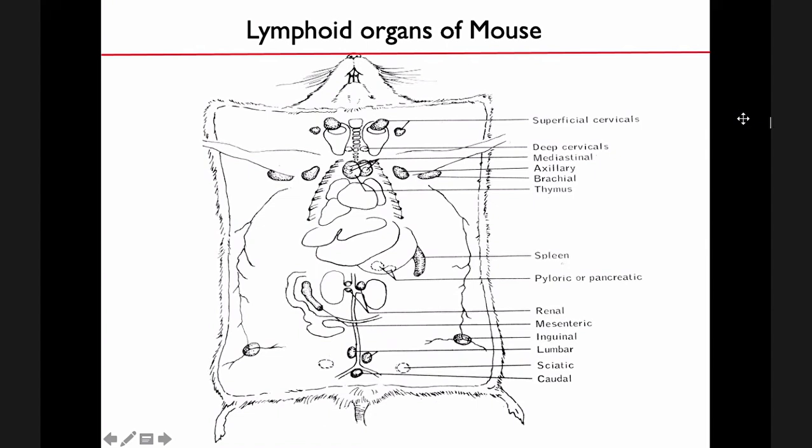Primary and secondary lymphoid organs. You know, bone marrow is one of those primary lymphoid organs. The second is thymus, right, which is present here. And then, if you read through this list, there are so many different types of lymph nodes: superficial cervical, deep cervical, mediastinal, axillary, brachial. Then you also have the spleen, right? Pyloric lymph node, renal lymph node, and mesenteric lymph node, present in the mesentery.